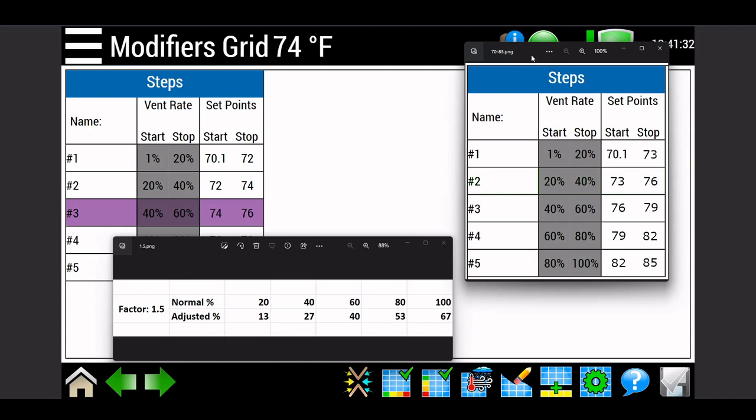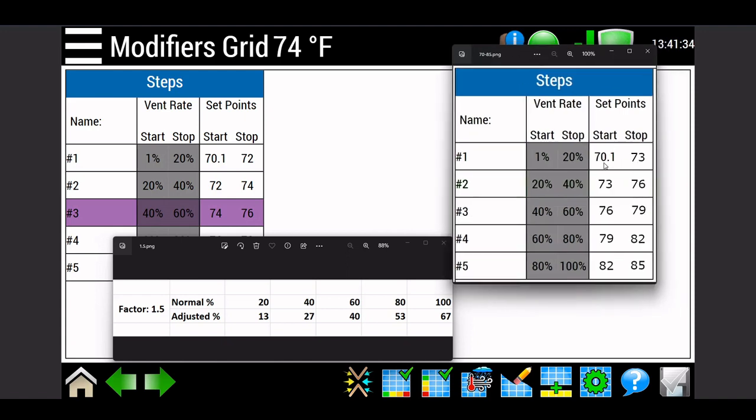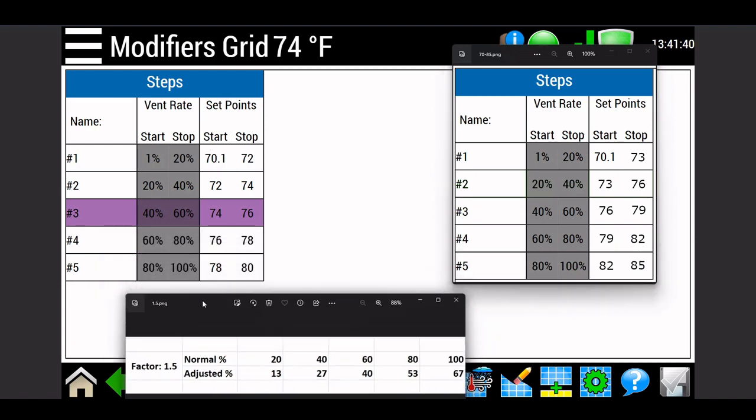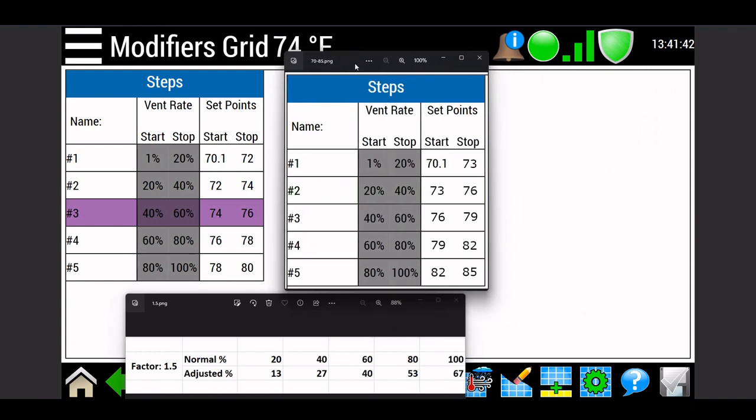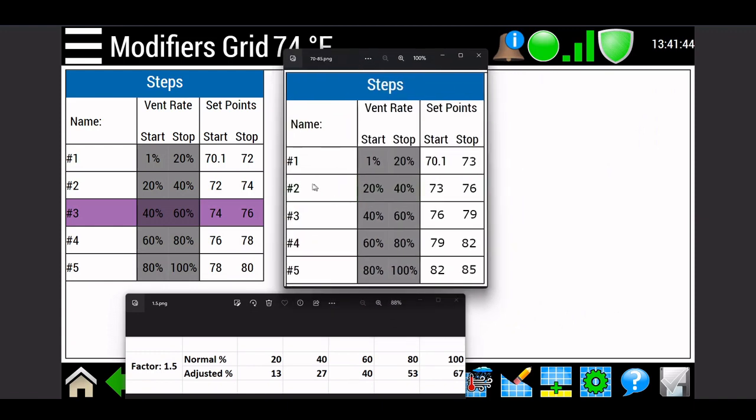And as well here, you can just see this is the adjusted vent grid to show you multiplying the steps, adjusting the bandwidth by that 1.5. So rather than a 2 degree step, our bandwidth has increased by 1.5.